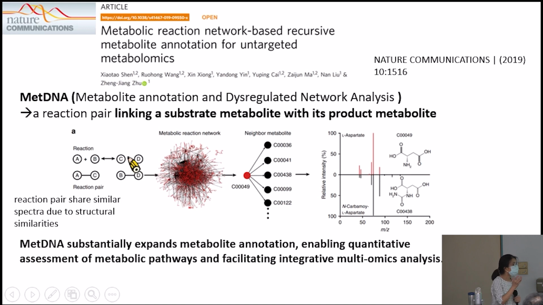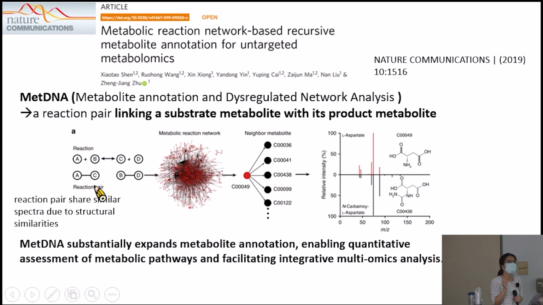What the authors did is define the reaction pair as the substrate A with product C. So this is a pair of reactions. The major concept is that they define the reaction pair and create the network. And they can use A and C as a reaction pair because A and C have similar spectrum data, which means they have similar molecular structure.